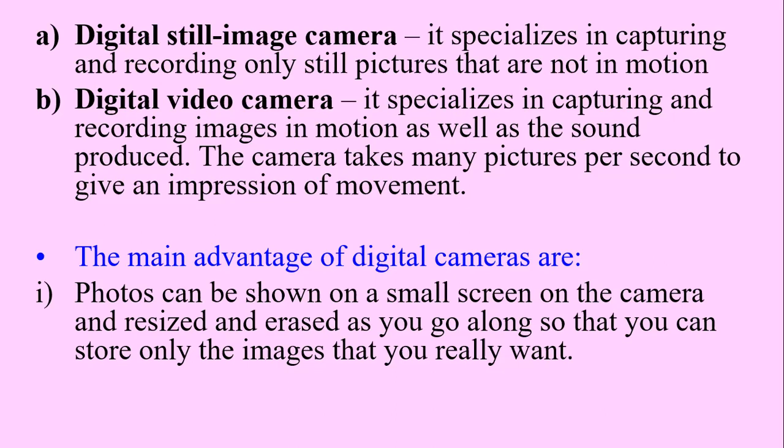The main advantage of digital cameras is that photos can be shown on a small screen on the camera and resized and erased as you go along so that you can store only the images that you really want.